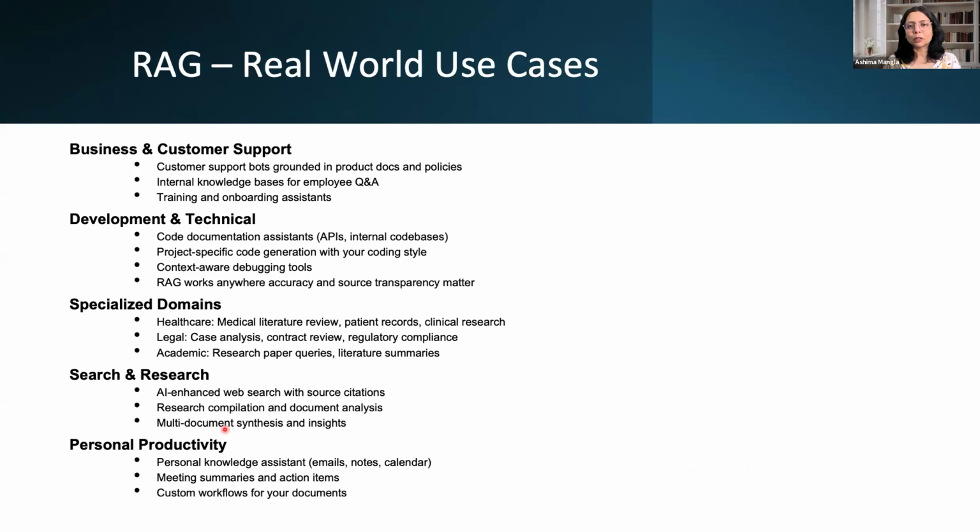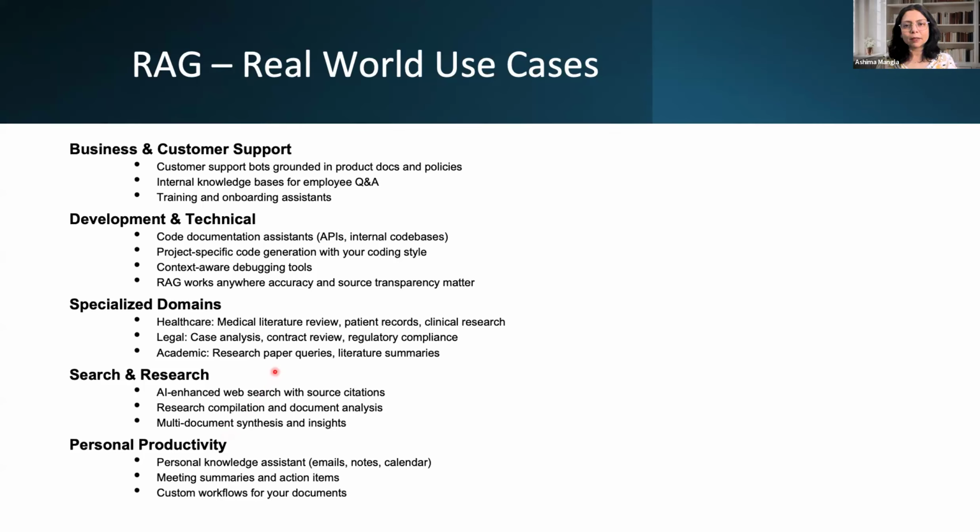For some real world use cases, we talked about this when we started the workshop. But just to get into the various domains, business and customer support, RAG powers support bots that are grounded in product documentation and policies. You have internal chatbots, QA systems, and training, onboarding assistants that reflect that. In development and technical workflows, RAG is used for code documentation, project specific code generation.